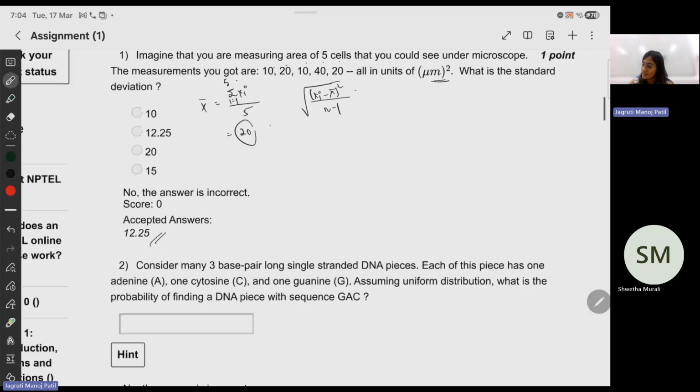Next one. Consider many three base pair long single stranded DNA pieces. Each of these pieces has one adenine, one cytosine, one guanine. Assuming uniform distribution, what is the probability of finding a DNA piece with the sequence GAC? I've never seen a question like this. So how many combinations can you get here if you have A, G, and C?